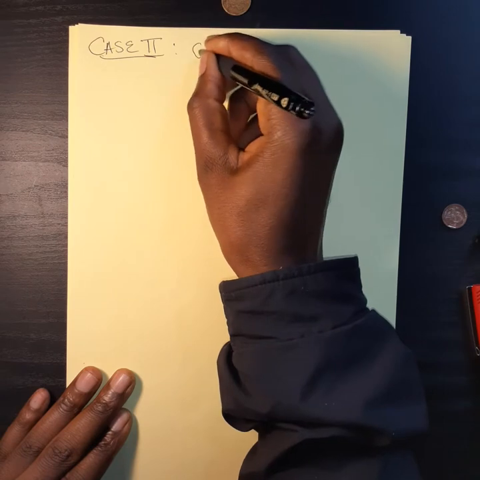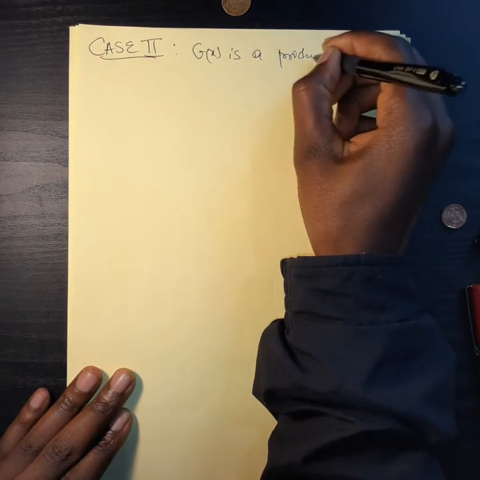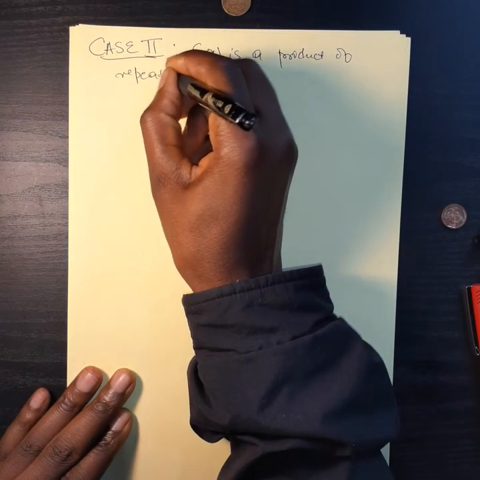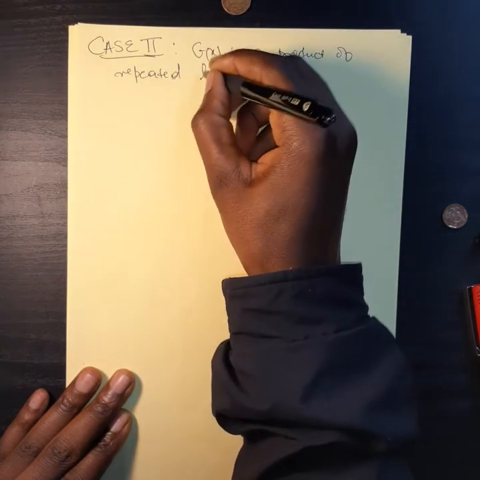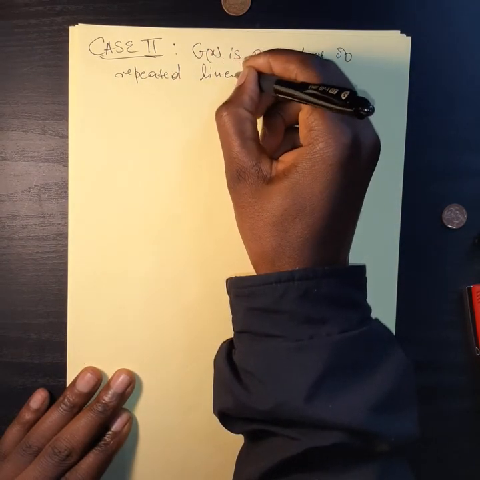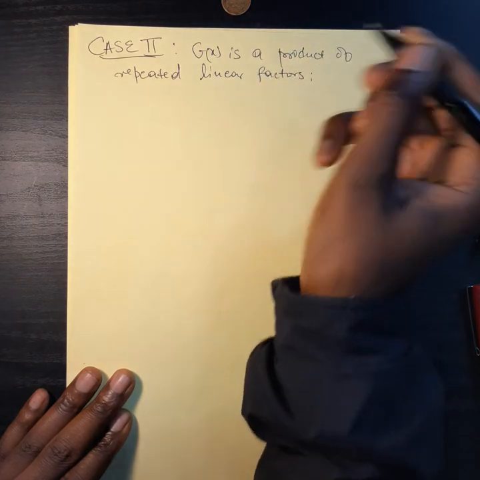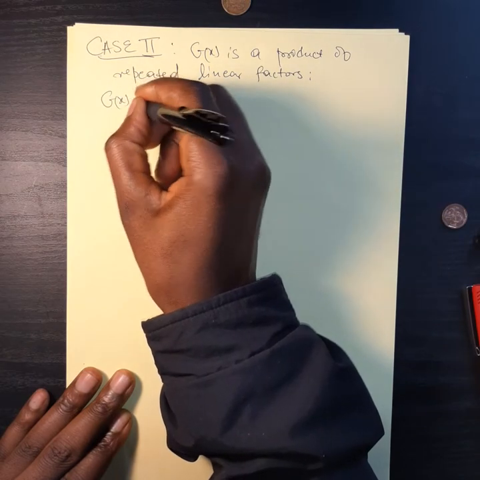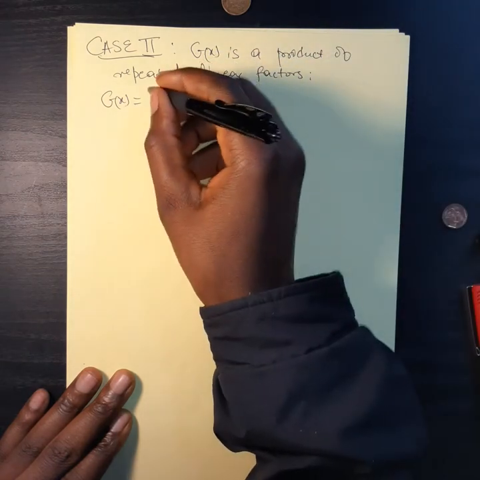We find that now our g of x is a product of repeated linear factors. It may happen that you find g of x equal to a certain factor multiplied by other factors which are repeating themselves.